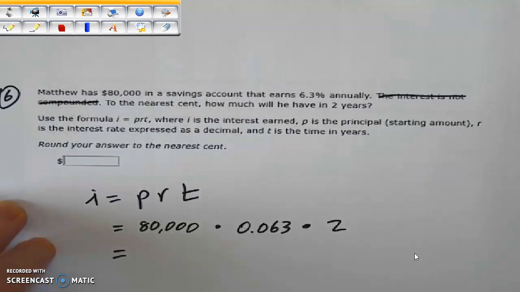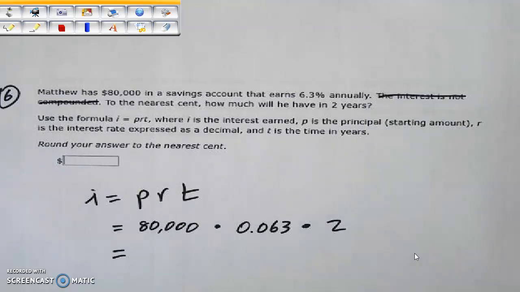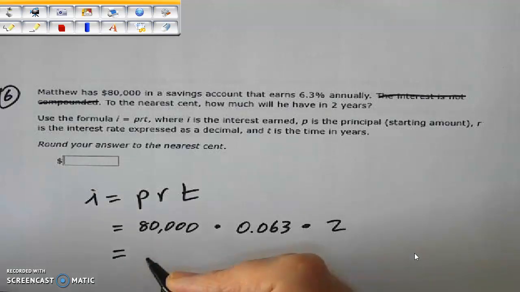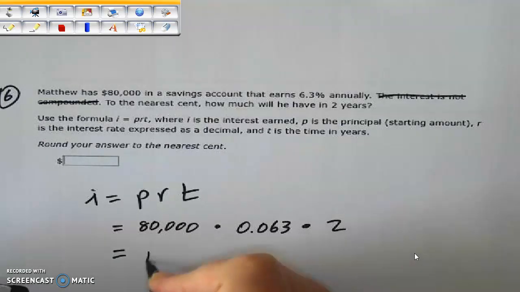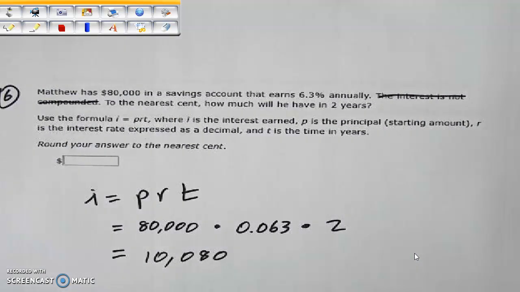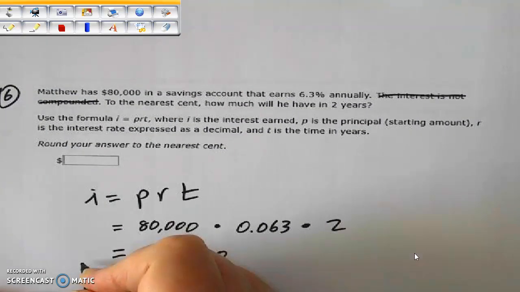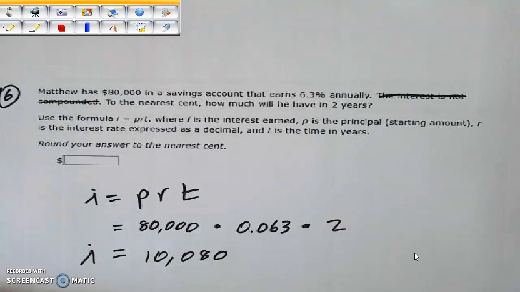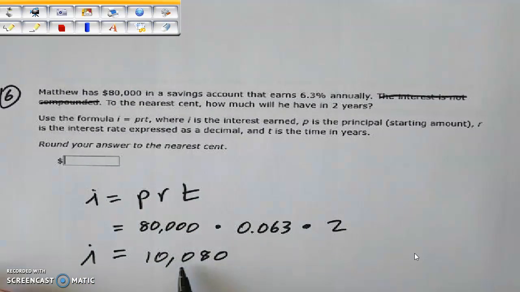Okay, so do this on your calculator: 80,000 times 0.063 times 2. So I get $10,080 is his interest.